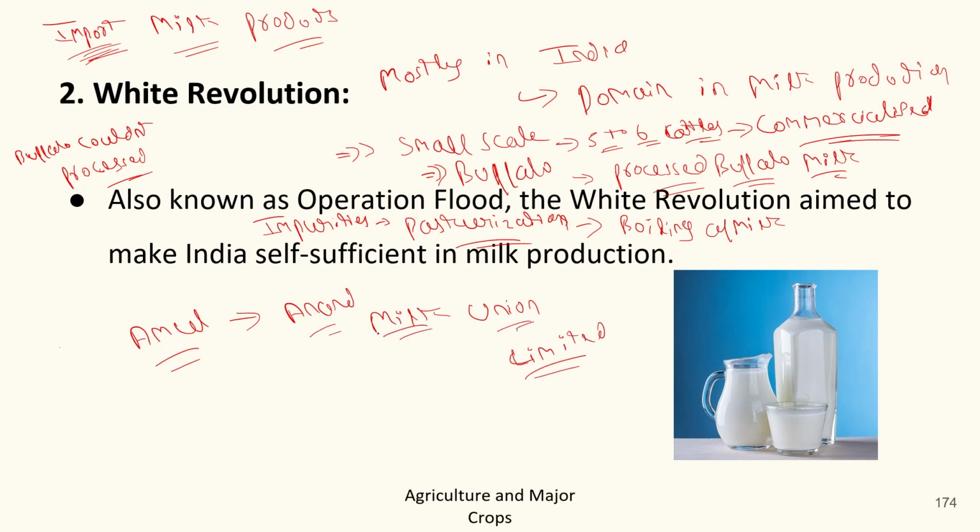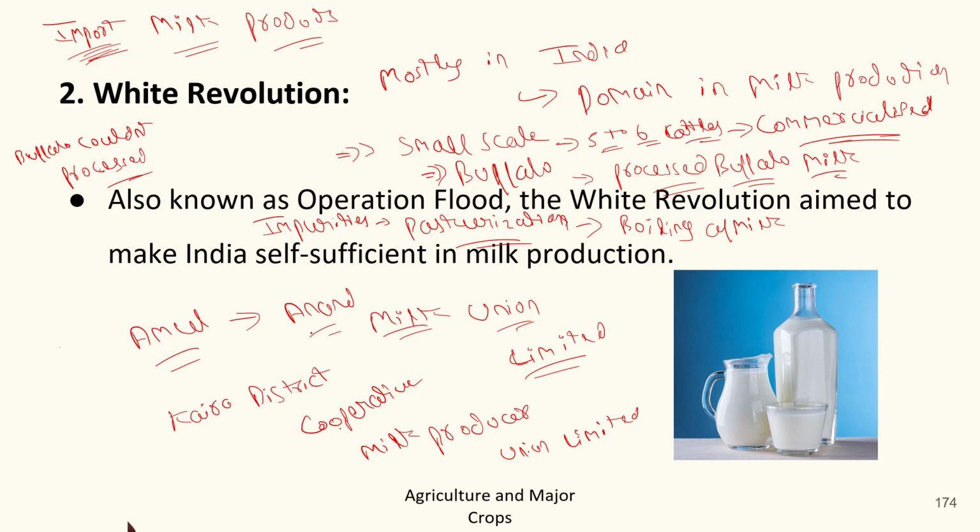Okay, and priorly it was known as Kheda District Cooperative Milk Producers Union Limited. Okay, so it was a prior name of the Amul, Kheda District Cooperative Milk Producers Union Limited.